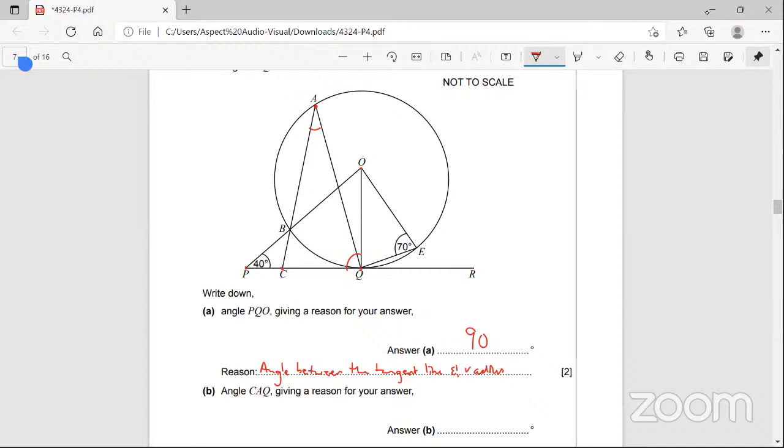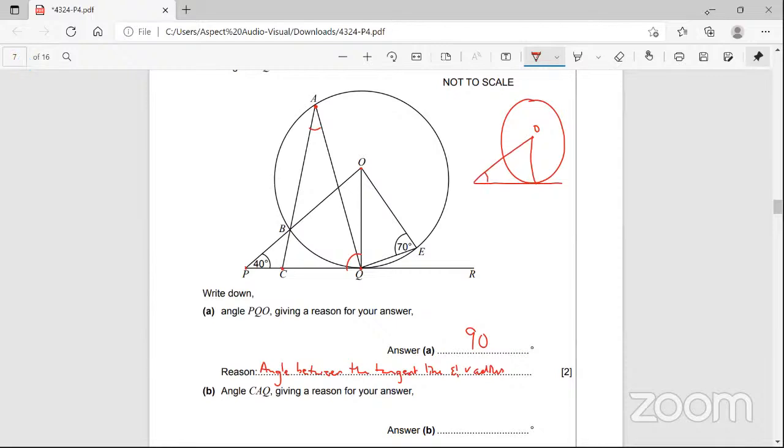Okay. Now, what we must do for this question is this. I have my circle there. I have different ways in which I can look at this shape. So I have my tangent line here, right? Then I have this line going up to the center O, and then I have this line coming down.